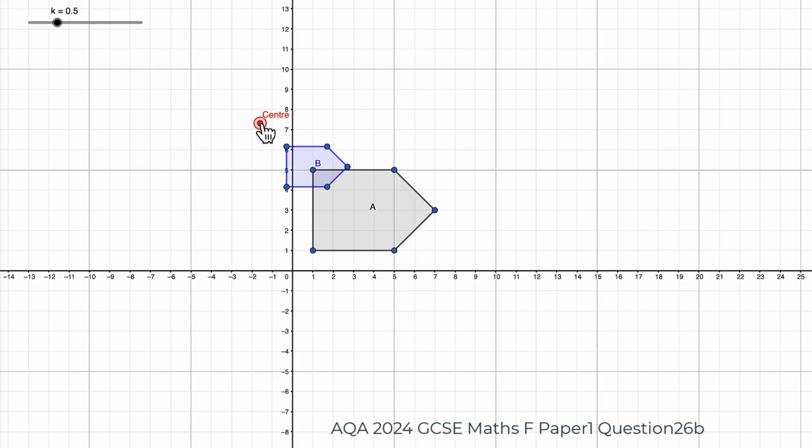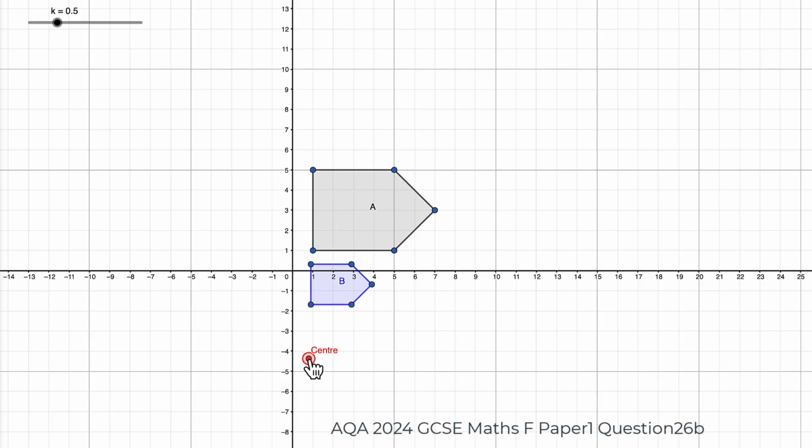Well, there you go. You can see that it's always, if you like, halfway between the point and the centre. The corresponding point in the small shape is always halfway between the centre and the other point.